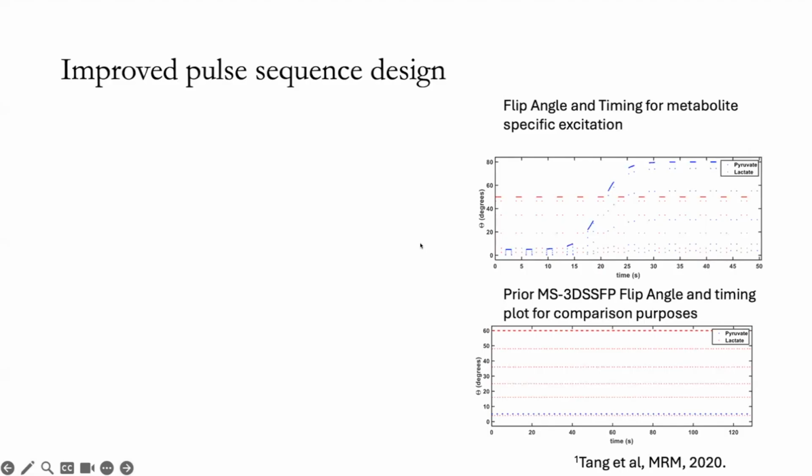So to this effect, in applying it to hyperpolarized carbon-13 approaches, initially we used the MS3D SSFP method developed by Dr. Tang previously, which was a BSSFP approach for lactate sampling, but maintained pyruvate sampling using a GRE approach.